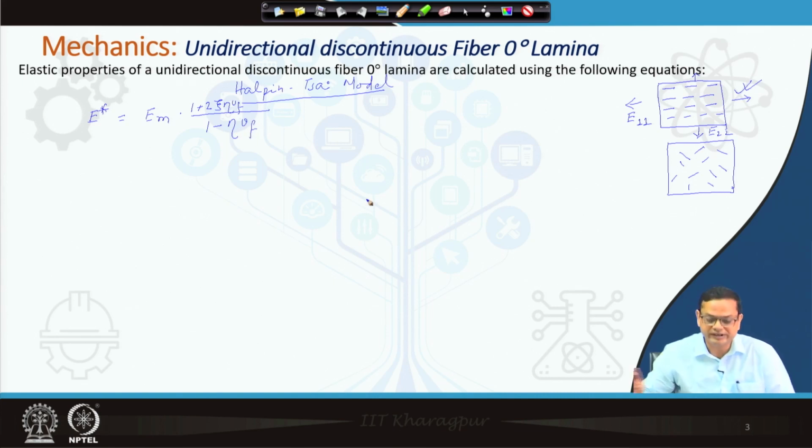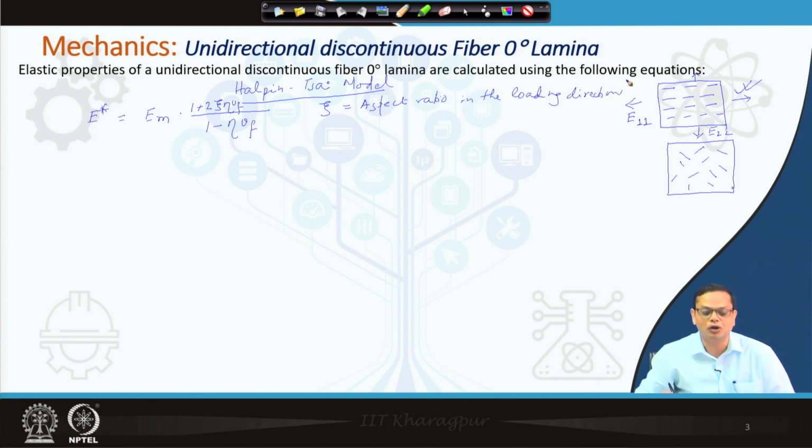Now, what is xi here? Xi is basically the aspect ratio of the reinforcement in the loading direction, that is very important, in the loading direction.